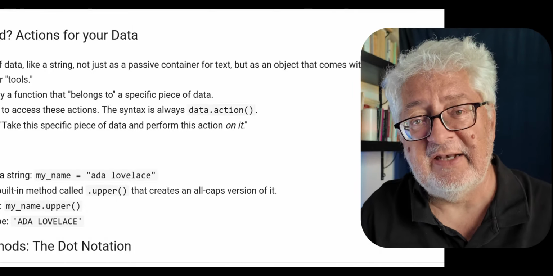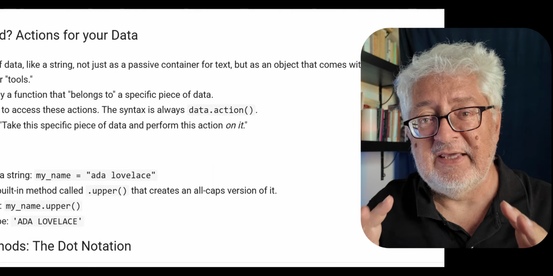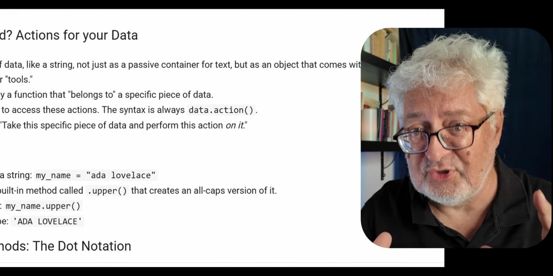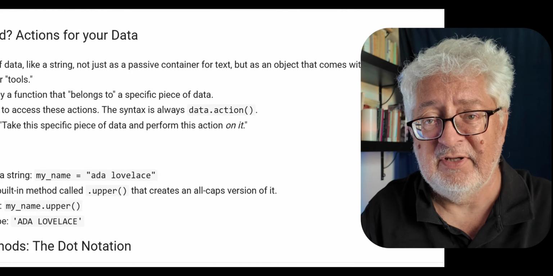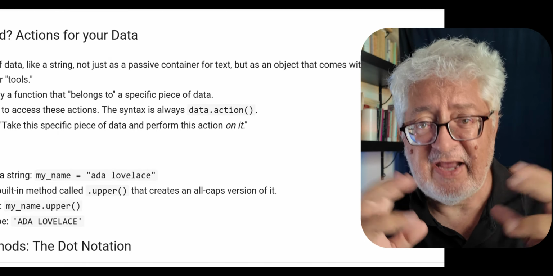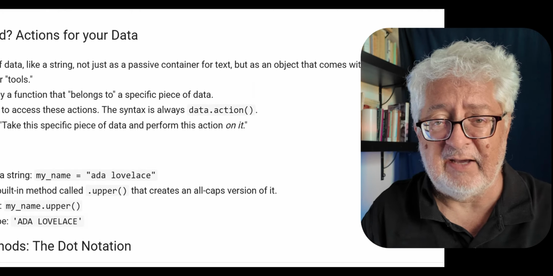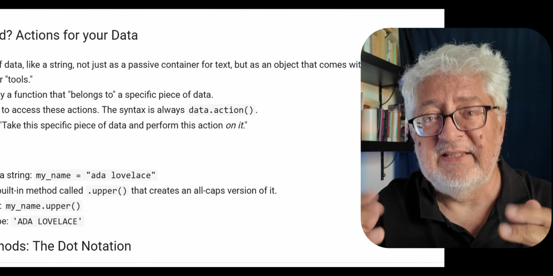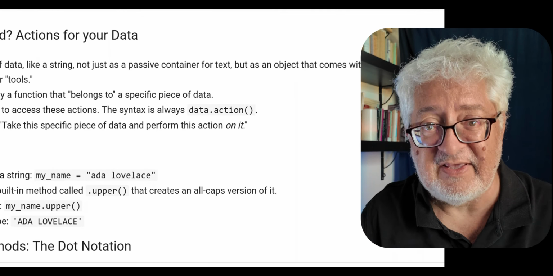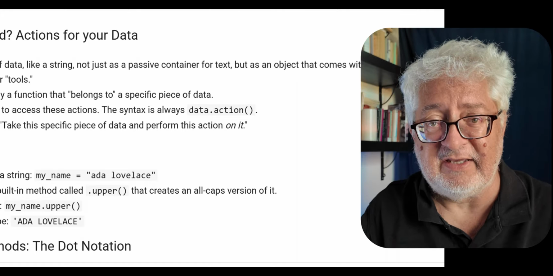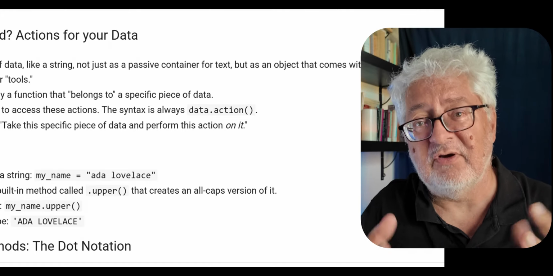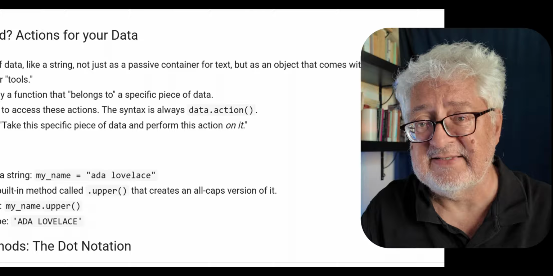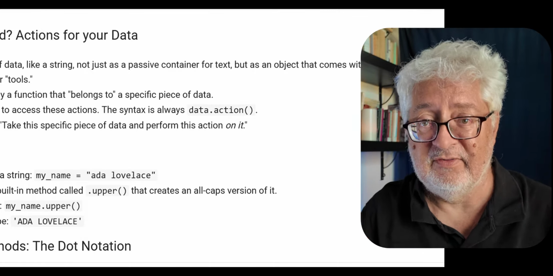But in reality, the string is an object inside Python that does not only contain the value of the string, those characters that make up the word, but it also contains functions that operate on this content of the string. So every string does not only have its data, but it also has functions that can operate on this data.